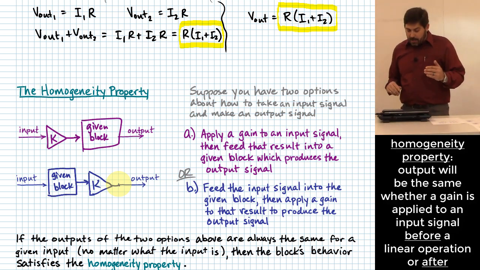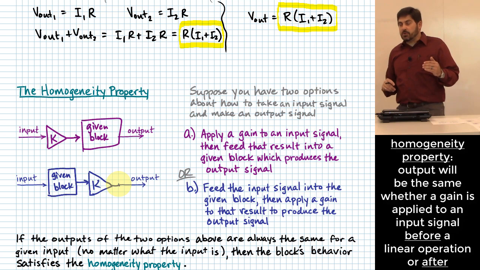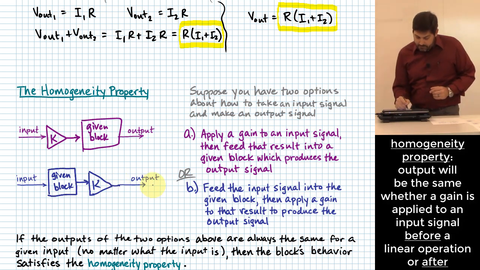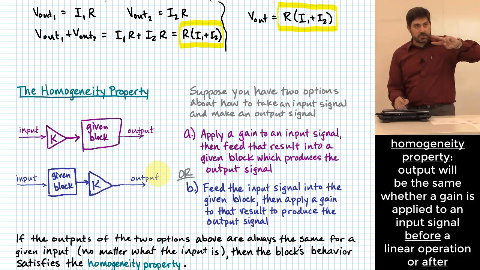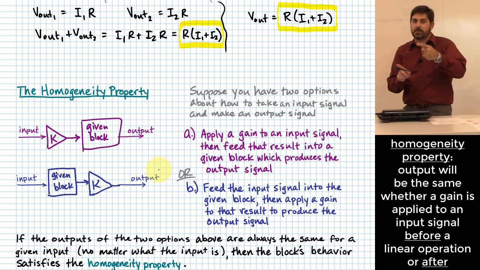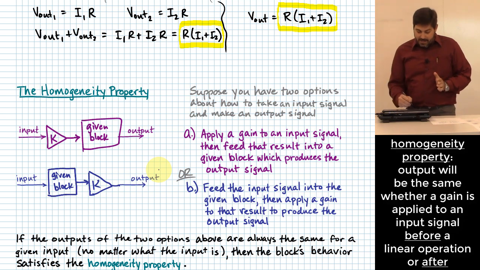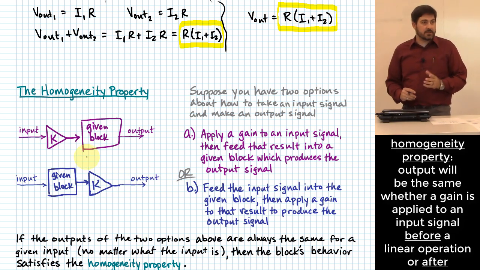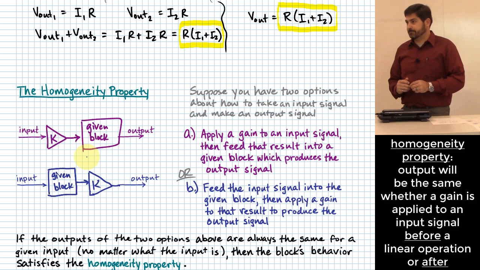The homogeneity property says that if you get the same output regardless of which of these two ways you do it, and regardless of what the input is, so that if you give each of them the same input you get the same output from both, then the given block satisfies what's called the homogeneity property.